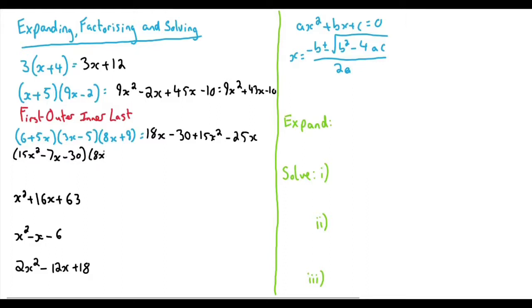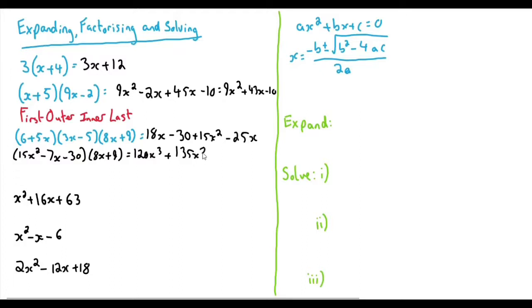This now has been timesed by that bracket there, and just as how we did every term by every term before, we're going to do that same thing again. It's just going to be a few more steps this time. So 15x squared times 8x is going to give us 120x cubed. 15x squared then times the 9 is going to give you 135x squared.